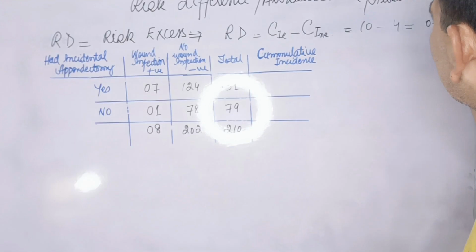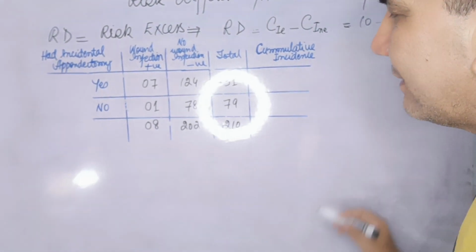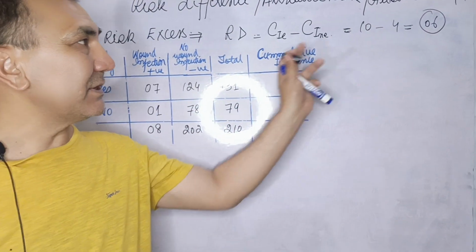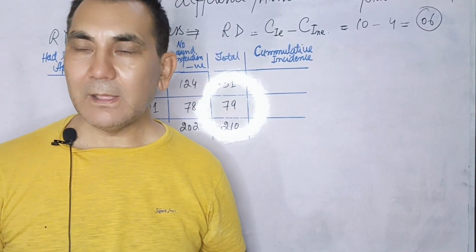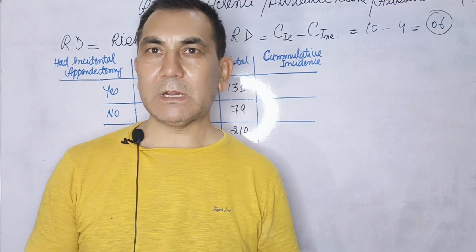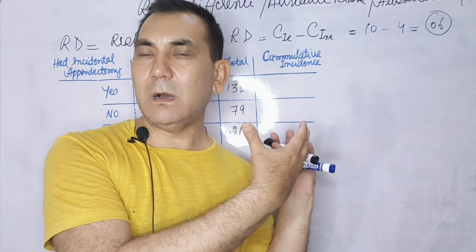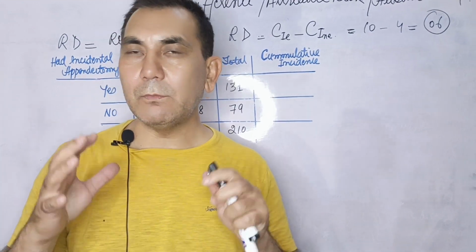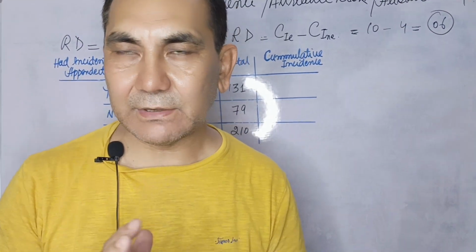The 6 is the risk difference, or risk excess, which is the magnitude of the disease present in the exposed group. Okay, let's make our concept clearer by solving this numerical. It will show how we calculate the risk difference.